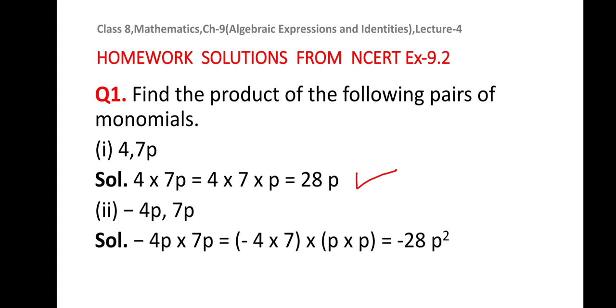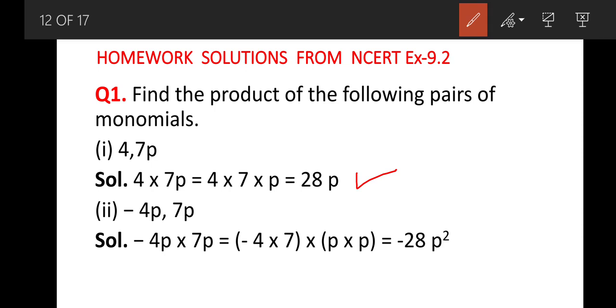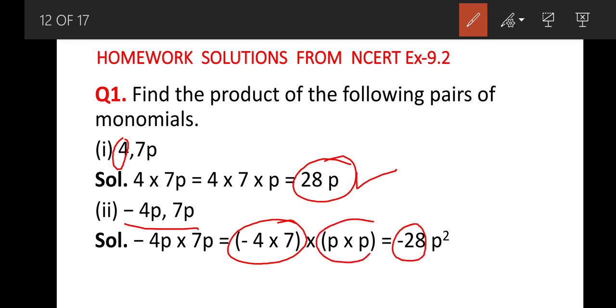Your answer will be minus 4 into 7, that is minus 28 into p square. Here in the first, it is a constant term, so no variable was present, so the answer is 28p. Here in both these terms variable p is present, so the product of numerical coefficients we have taken, that is minus 28. Then the product of literal coefficients, that is p square. So your answer is minus 28p square.